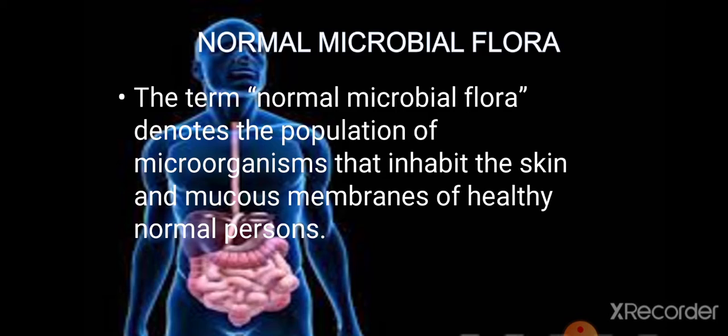Next is normal microbial flora. The term normal microbial flora denotes the population of microorganisms that inhabit the skin and mucous membranes of healthy normal persons. There are two groups of normal microbial flora.